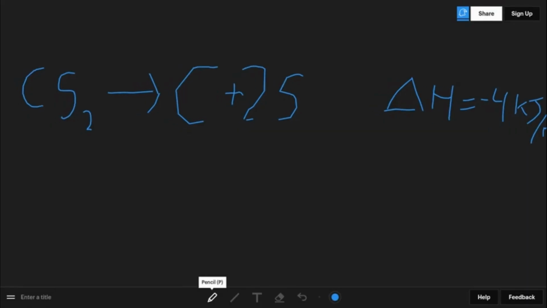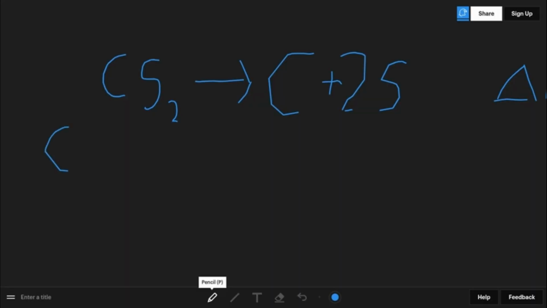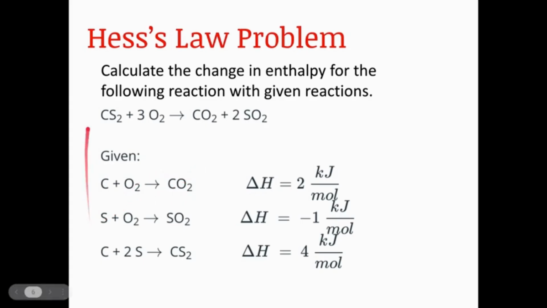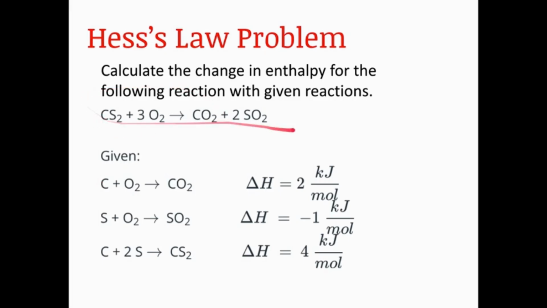So let's go like this. And also, it's correct because we're going to write carbon here, and we have carbon over here. They're going to cancel out, and since carbon isn't in the equation we want, that's another sign that we're on the right track.